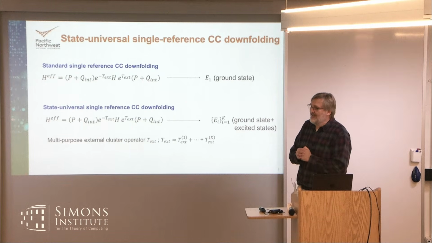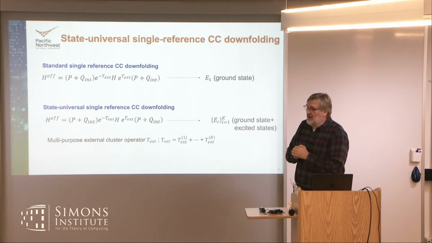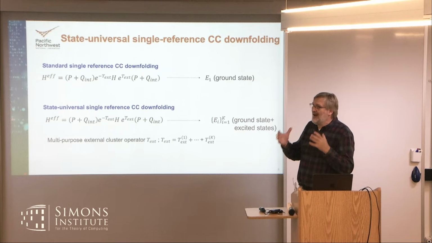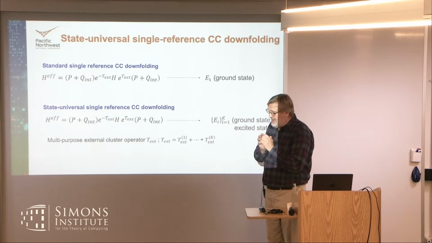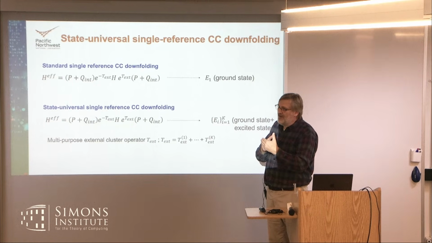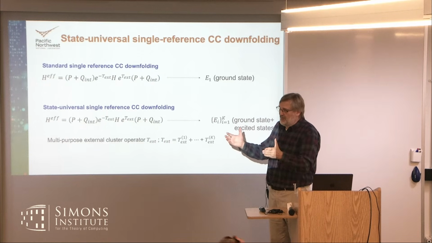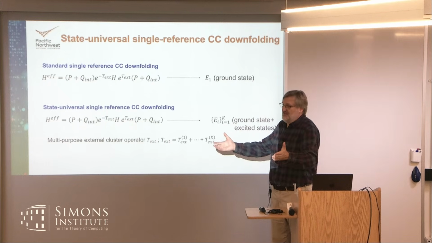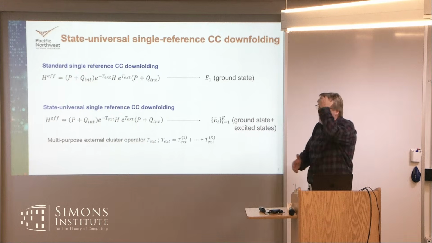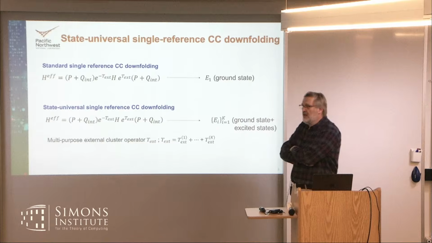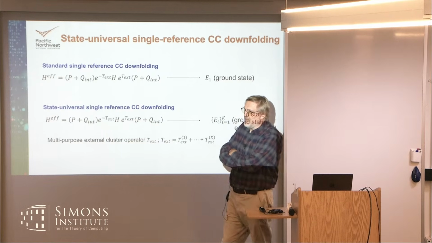This gives us much better control over the strong correlation. You are not entirely limited by the form of the coupled cluster amplitudes used for the construction, because solutions might not exist or might not be accurate for the very challenging cases, right?